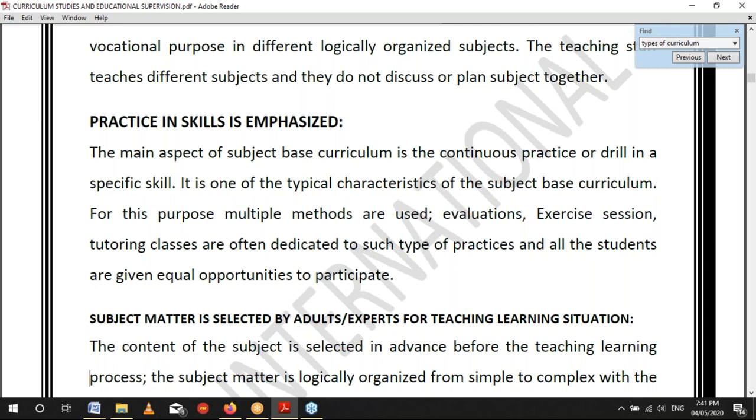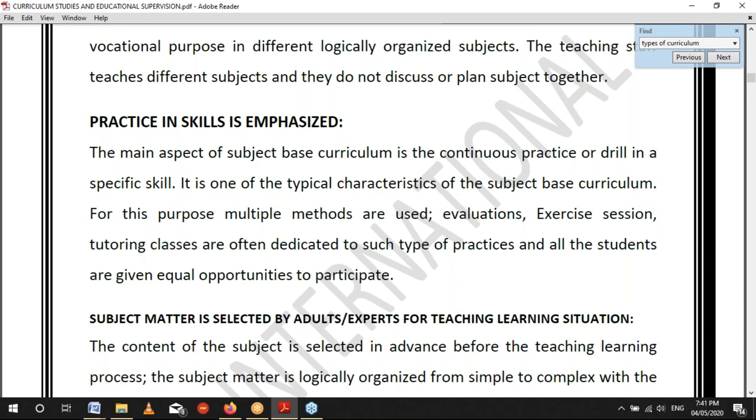So if it does not develop critical thinking in the individual learner, the blame is on the teacher imparting the knowledge and not the subject curriculum itself. That means the teacher is to be blamed for not developing critical thinking of that particular subject in the individual learner's life.